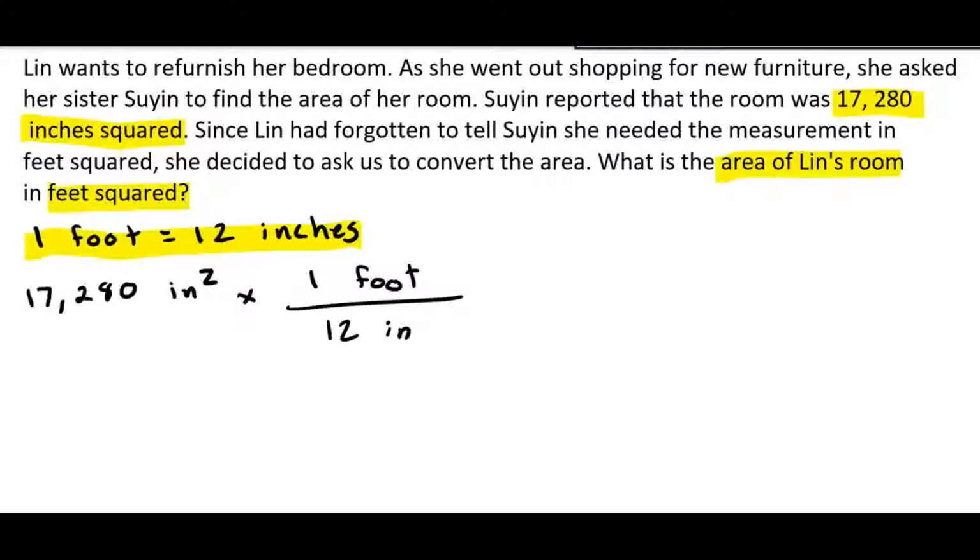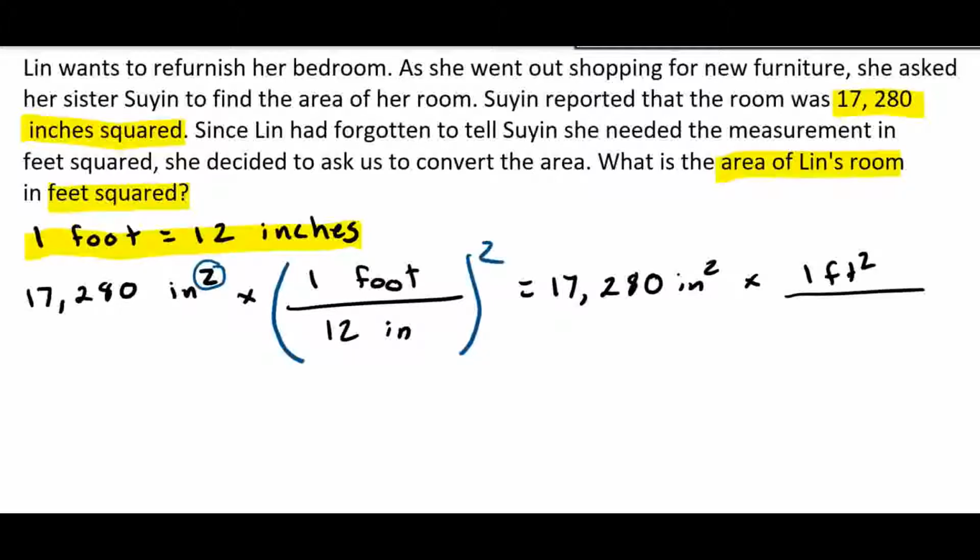Now, so we can make this conversion possible, we are going to have to square this ratio, which would leave us with 17,280 inches squared times 1 foot squared over 144, which is the same as 12 times 12, or 12 squared, inches squared.